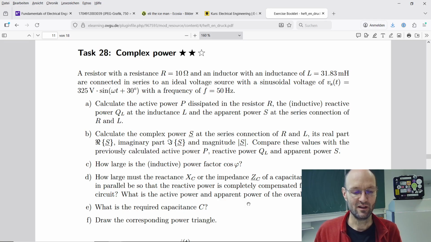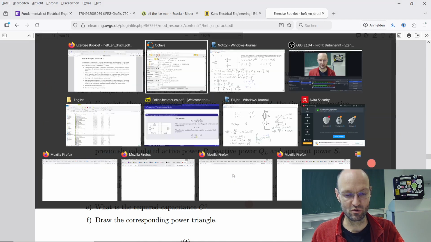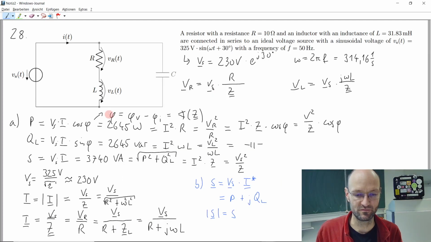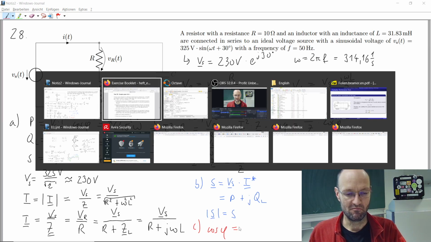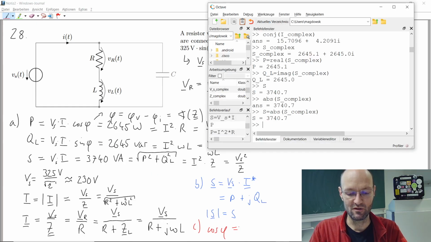Okay, excellent. Then we can go to task C that asks us what is the inductive power factor cosine phi of this circuit. And I still have maybe some few space left to write this result somewhere here in red. So the power factor cosine phi, we have calculated phi before, so we can just calculate it here in Octave.